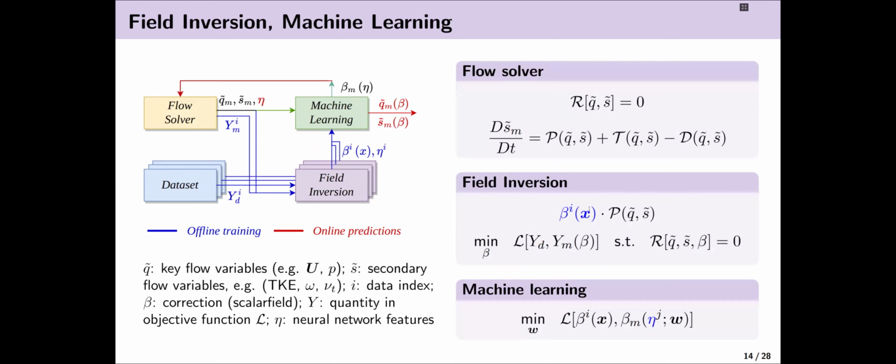We have the beta field that we're optimizing, and then we have the data from DNS in the objective function. That's when we're doing flow reconstruction. Then we do multiple of those for the different geometries, and use neural networks to generalize it. All right. Thank you.